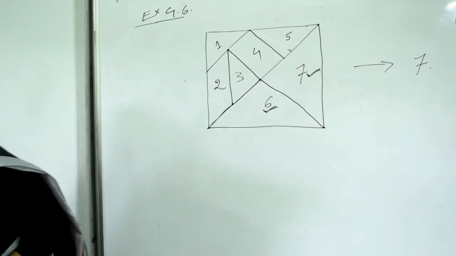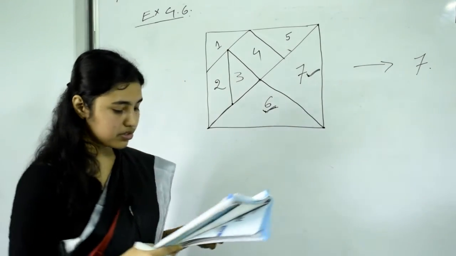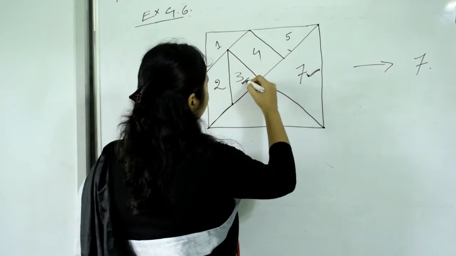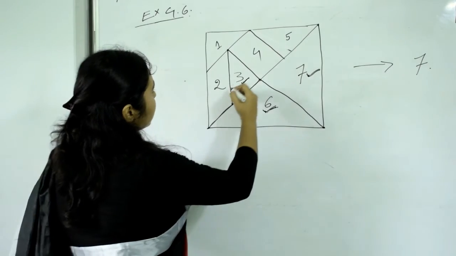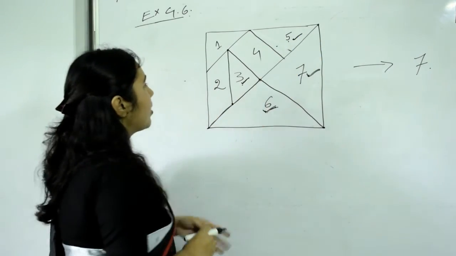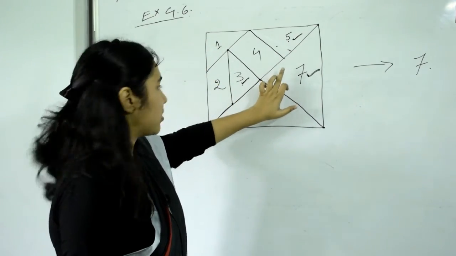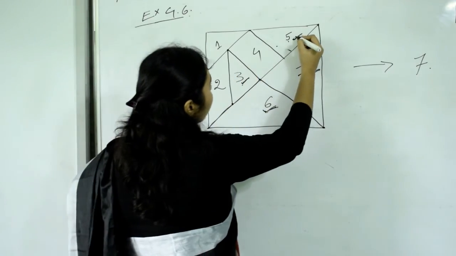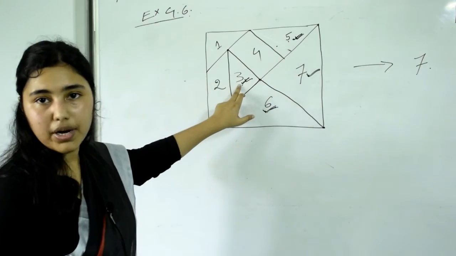Next question: which piece is congruent to number 3? Again, number 3 is a triangle, and the shapes of number 3 and number 5 are the same. Also number 1, number 6, and number 7 are all triangles, but only number 5 is congruent to number 3.